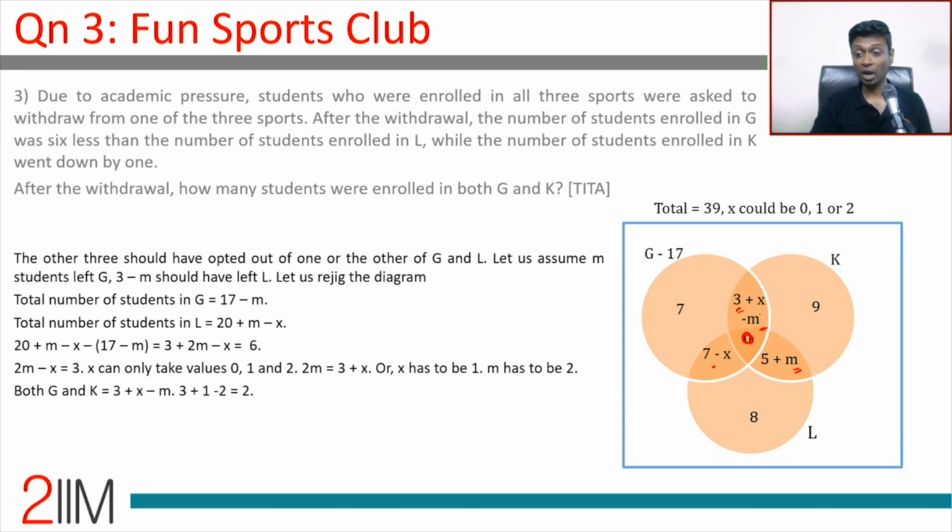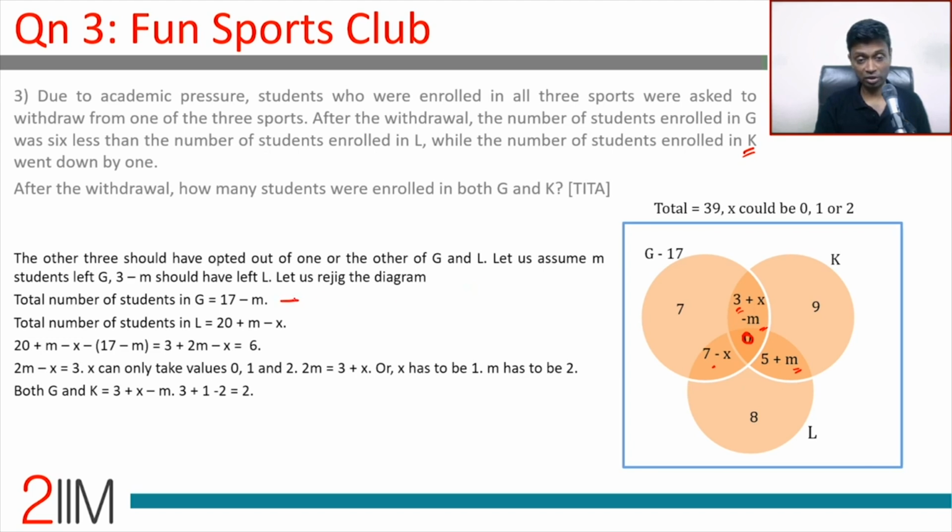Now we've accounted for the idea that the number of students enrolled in K went down by 1. We have not accounted for the idea that the number of students enrolled in G was 6 less than the number enrolled in L. G is 14 minus x plus 3, 17 plus x minus x, and plus x get cancelled. G would be 17 minus m.